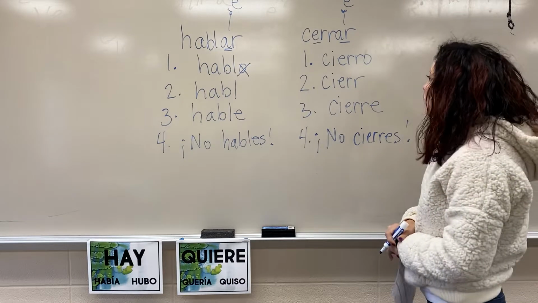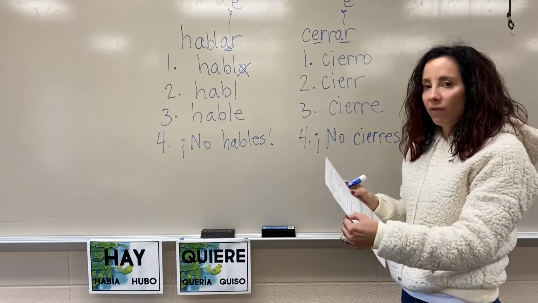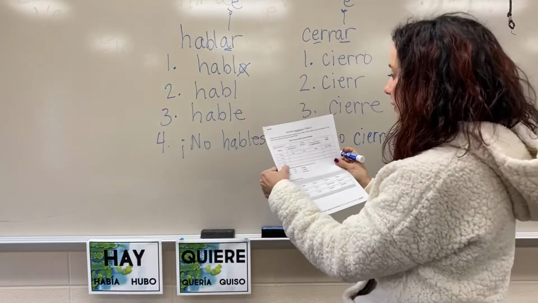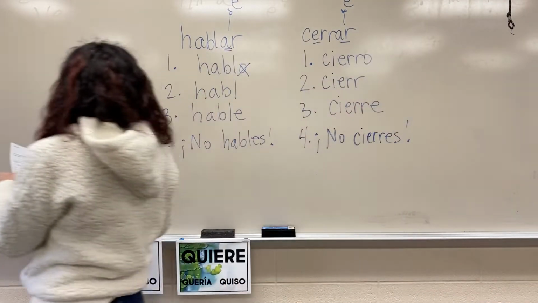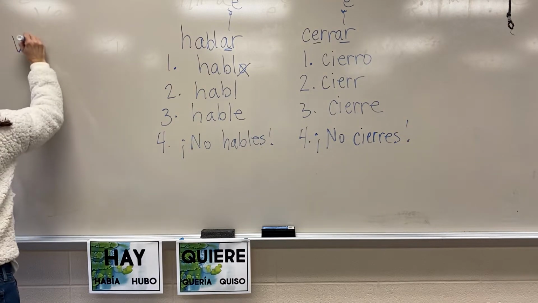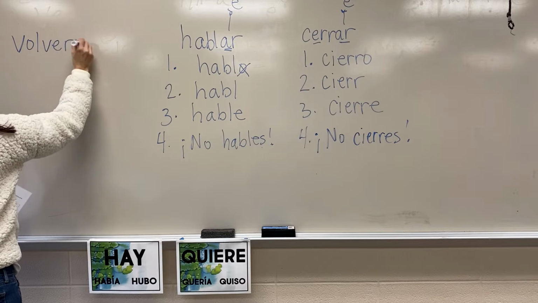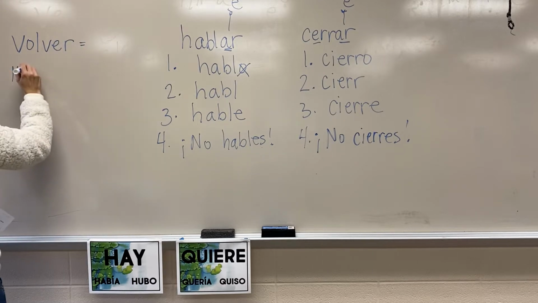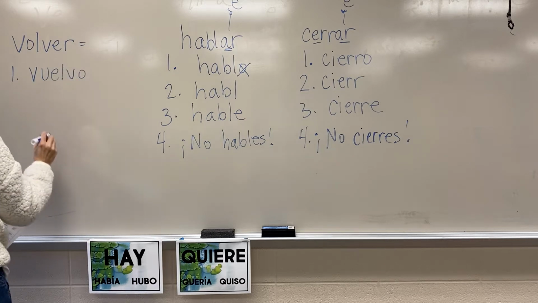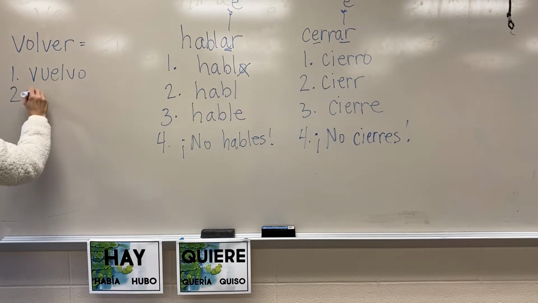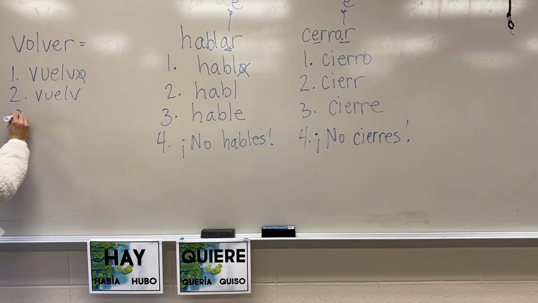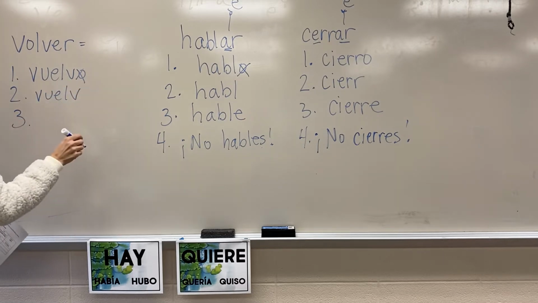Okay? Let's go on to volver. Now I'm on the third verb down on the sheet. Volver means to return. This is an ER verb, so watch carefully. It's a little bit different. It's also a stem changer in the present tense. Step 1, yo form. Vuelvo. Muy bien. Step 2, drop the O. Vuelv. Step 3, add the opposite ending.